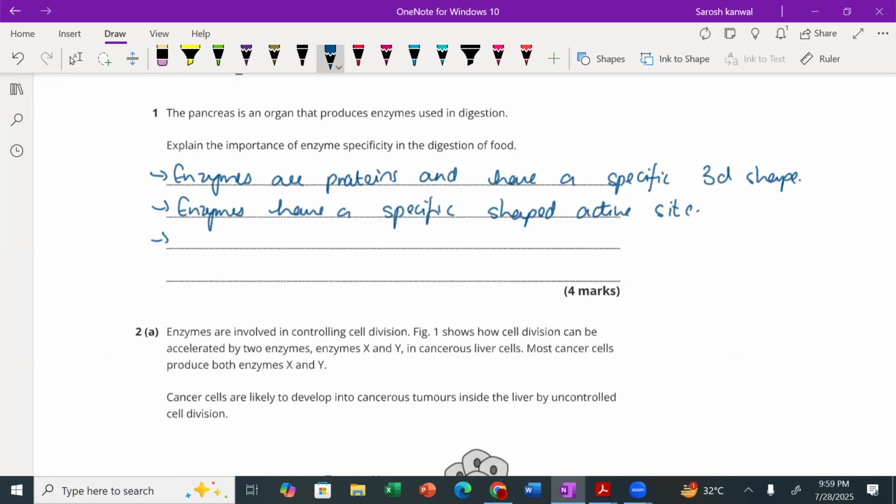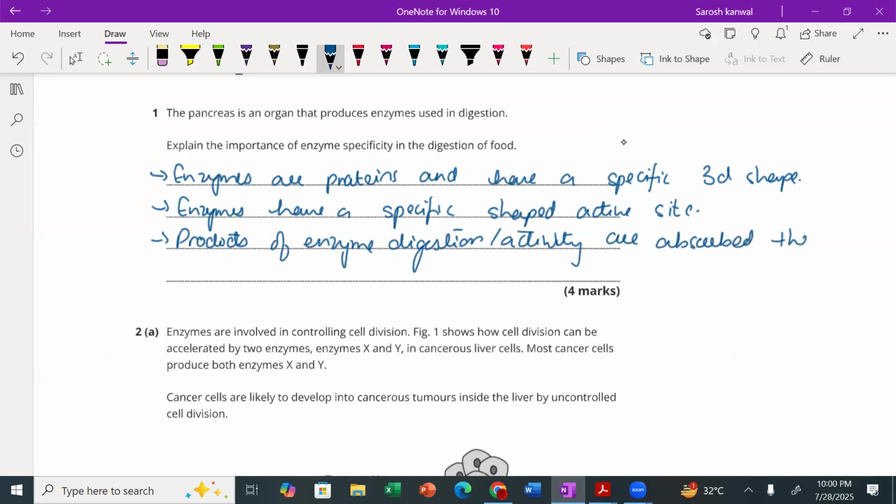Other than that, we know that the enzyme forms an enzyme substrate complex with a substrate, and the products of enzyme digestion or activity are absorbed through the small intestine, right?